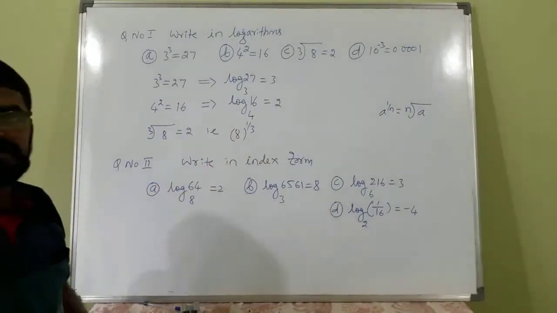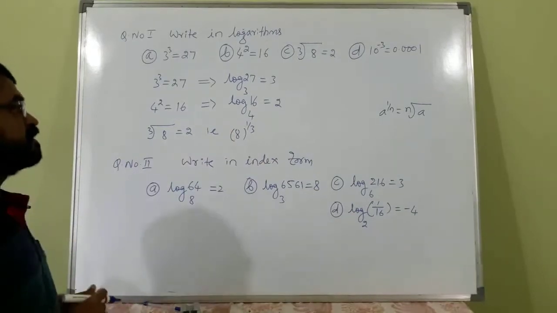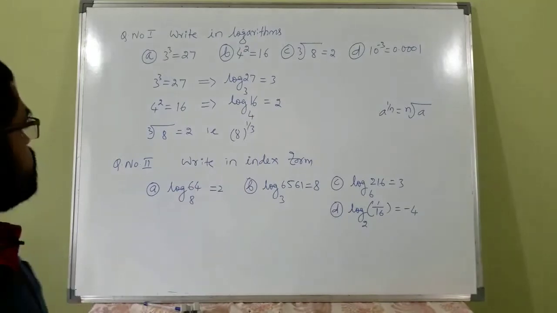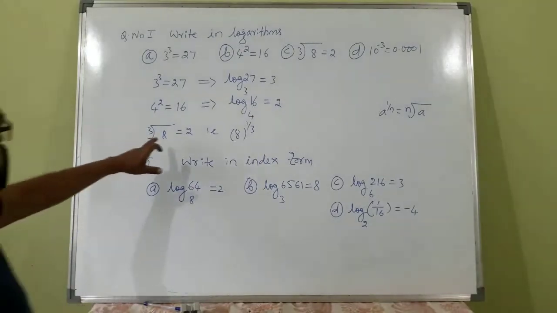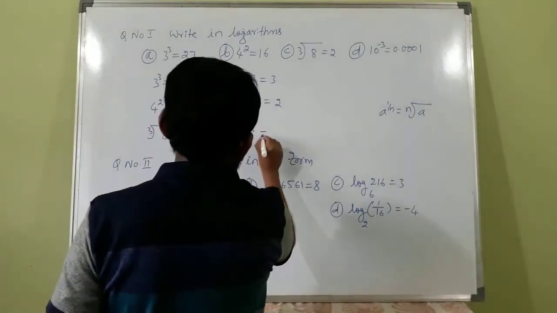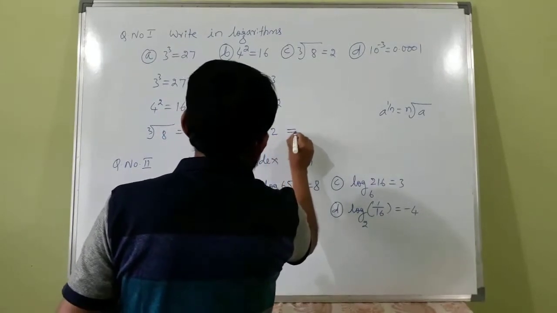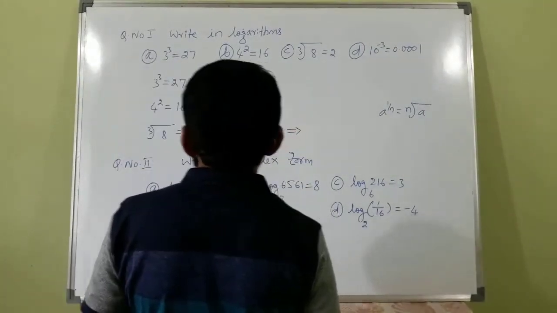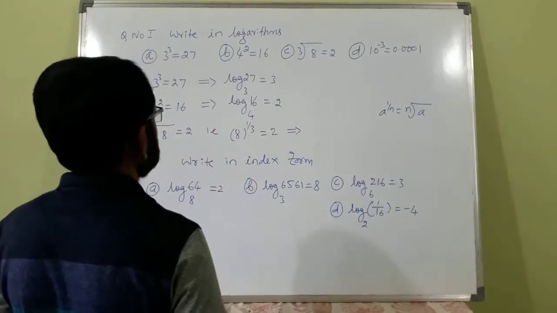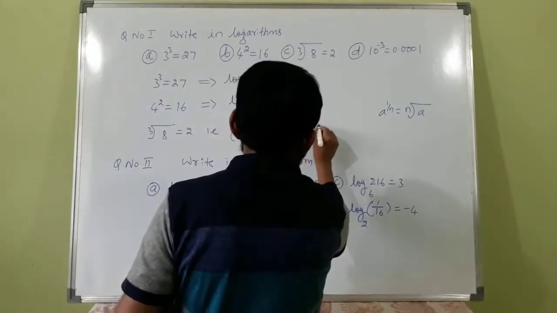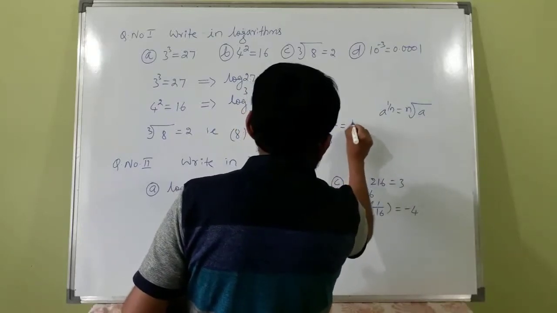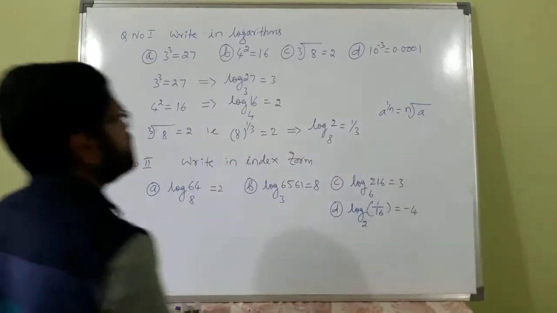Index can be converted into surds like that. A to the power m by n is nth root of a to the power m. So this is equal to 2. So this implies log of 2 to the base 8 is equal to 1 by 3.